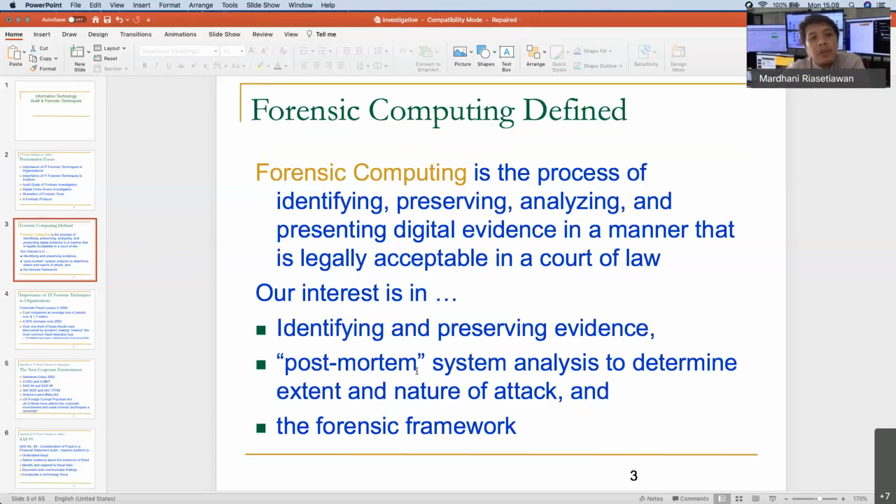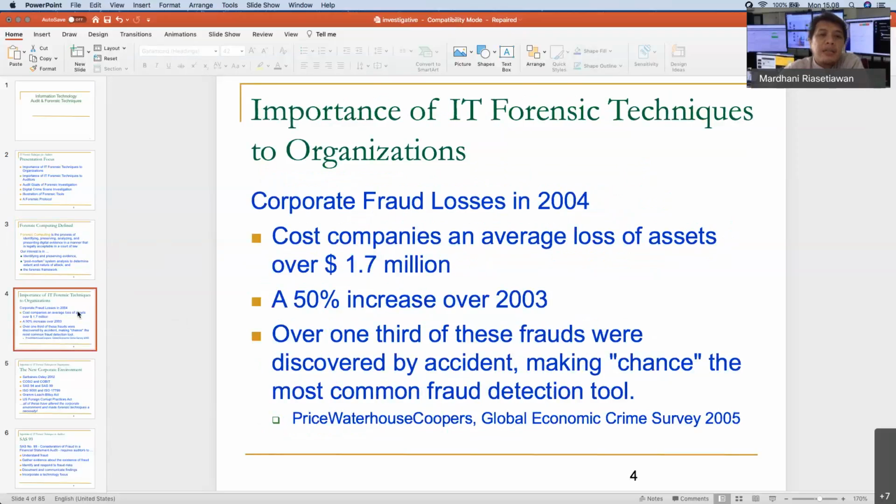We also have the forensic framework. Actually, there are many cases that need this, for example the current event where a customer of Maybank, as you may already know, lost a lot of money because of fraudulent transactions.